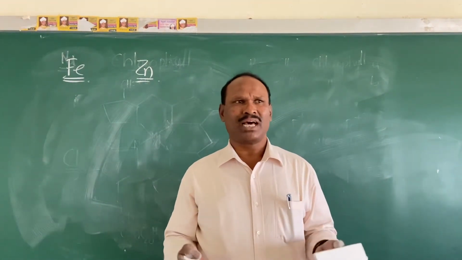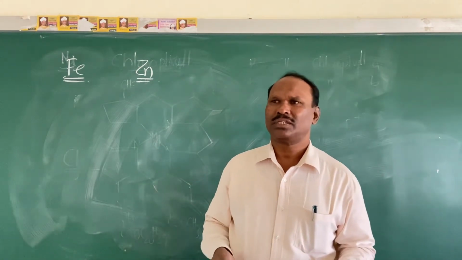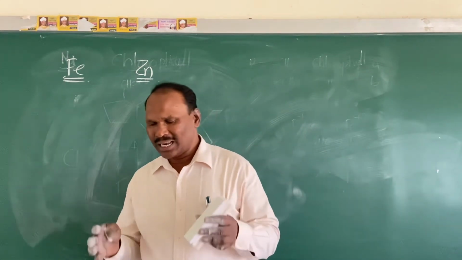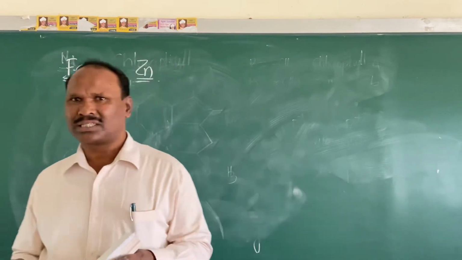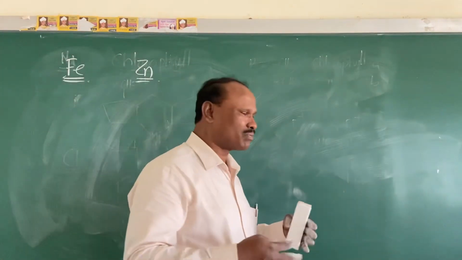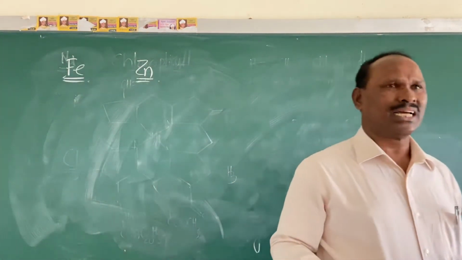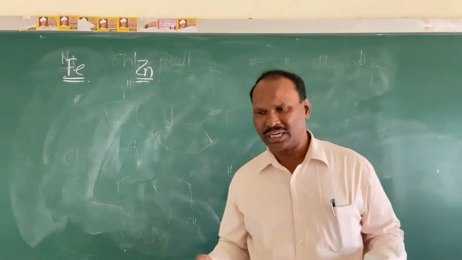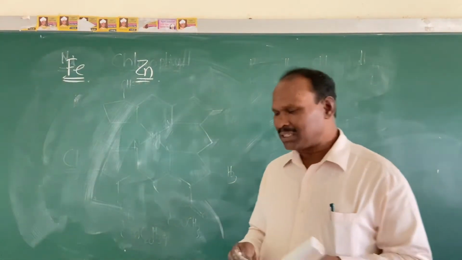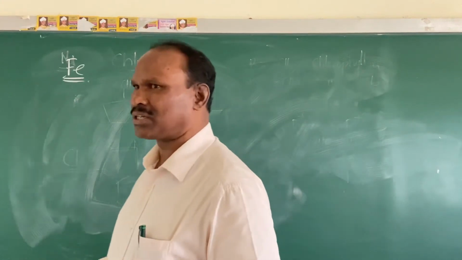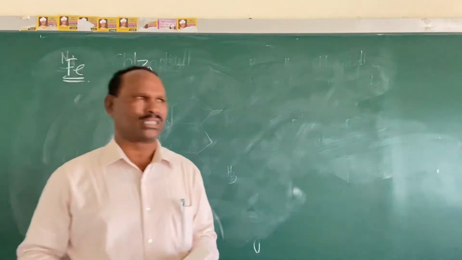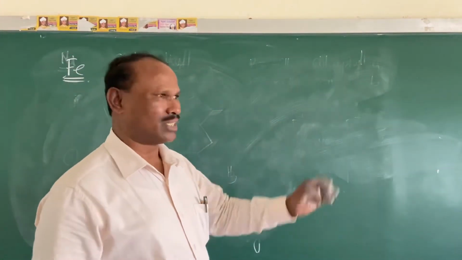You know, today we are in a pandemic situation. The medical doctors and researchers are giving us various vaccines. In India, we say Covaxin, Covishield. What are these? They are boosters. They increase our immune system. To increase the immune system, we require zinc.